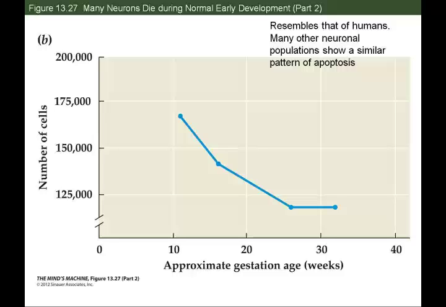Massive cell death. And also around adolescence, you get the same pruning effect where a lot of cells die as well. Yes? How are they able to count the number of cells? They got some students who were really interested in going to grad school to do this. But typically what you do is you take an area and you generalize to other areas. You probably didn't count all of them.